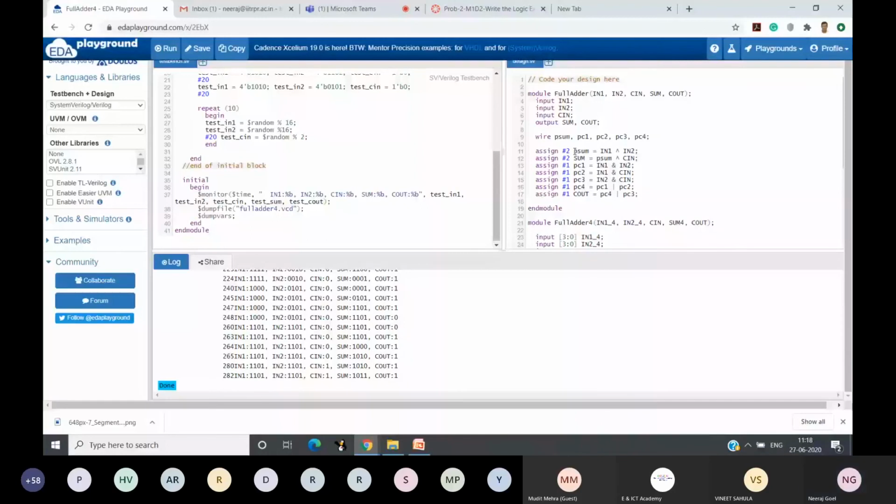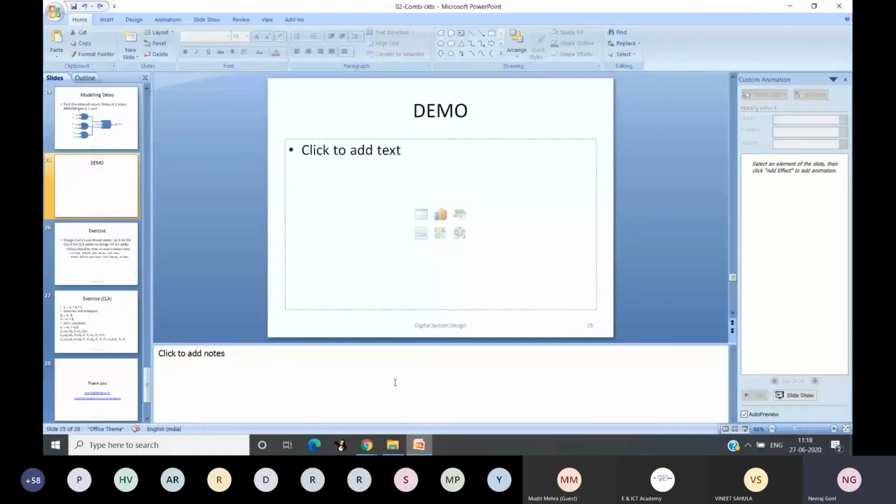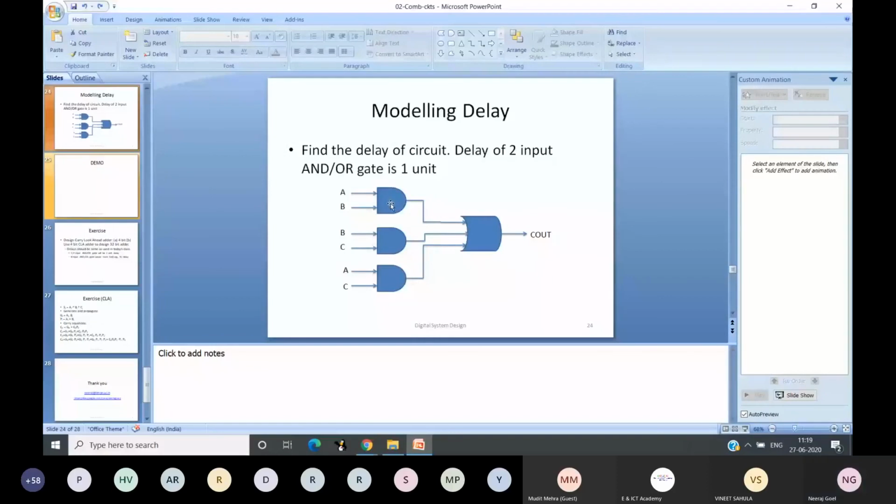So this is the modeling: sum equal to IN1 XOR IN2 XOR C in. Similarly, for the other equation represented here, I have to create these 3 AND gates, and for this OR gate I have to create 2 different OR gates.